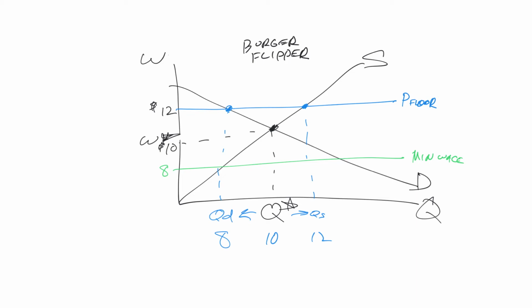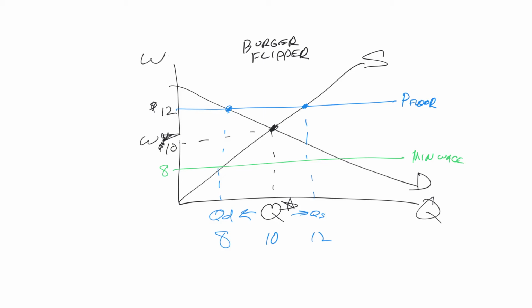Well, at $8, here's the quantity supplied, here's the quantity demanded. So quantity demanded exceeds quantity supplied at $8, meaning Burger King's trying to hire more people than there are people who want to be hired, right? That's called a shortage.